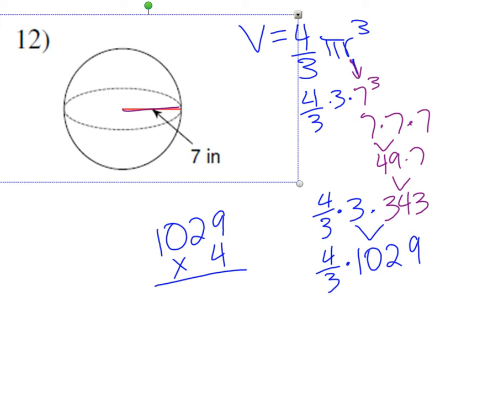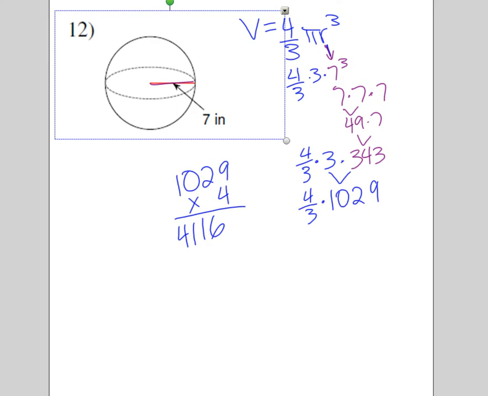4116. That sounds better. So 4,116, what do we do with that? Divide it by 3.